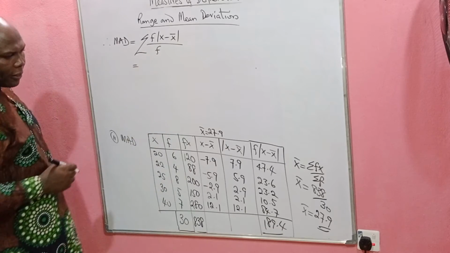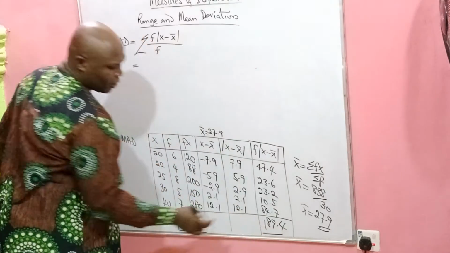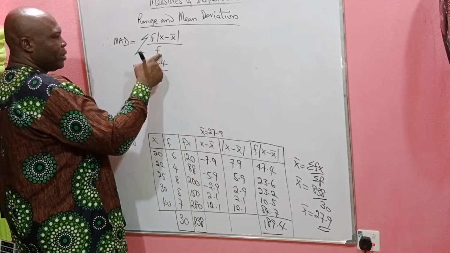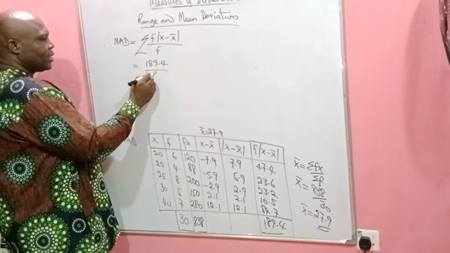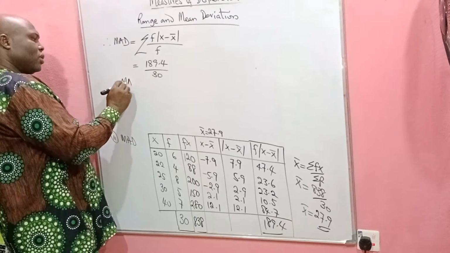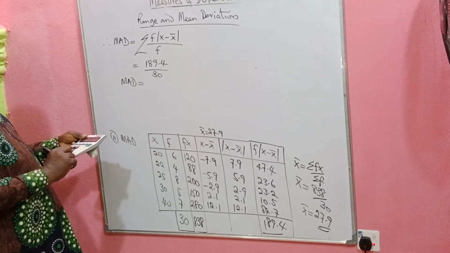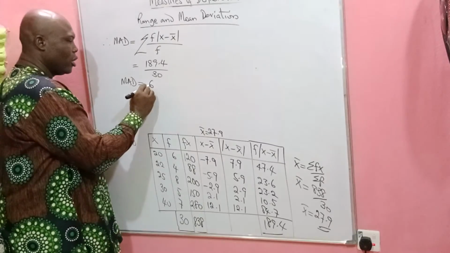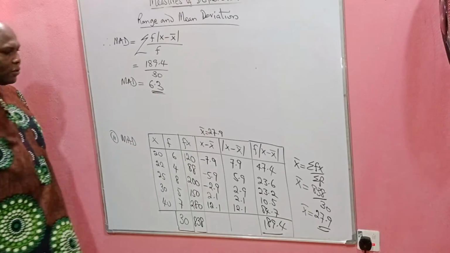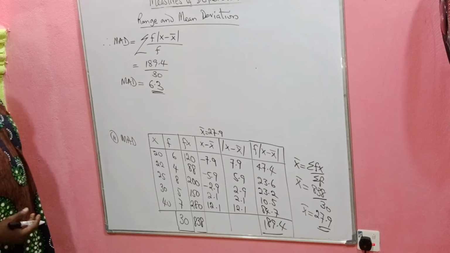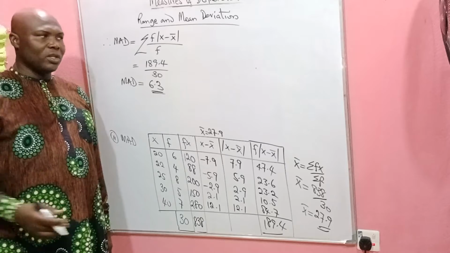So that is 189.4 all over summation f, which is 30. Dividing 189.4 by 30 gives you 6.3. So we have our mean absolute deviation to be 6.3, whereas our variance gave us 20. They are far apart as measures of spread.